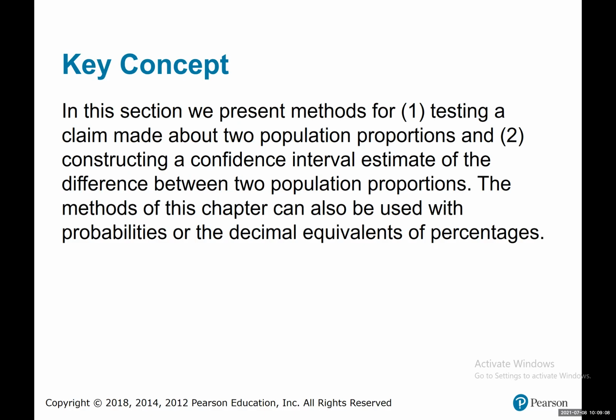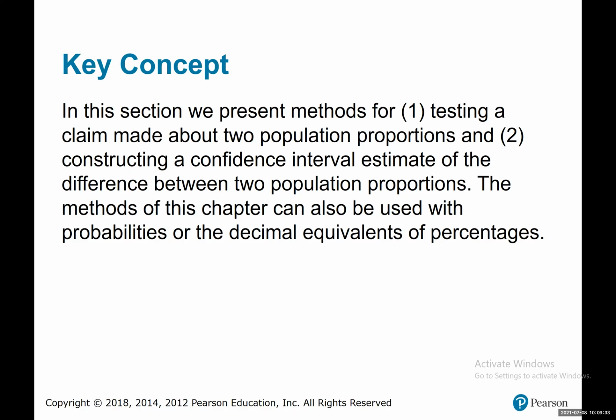One, testing a claim made about two population proportions. When you have two populations, comparing the population of men and women, or let's say people who live in the United States versus people who live in Mexico.